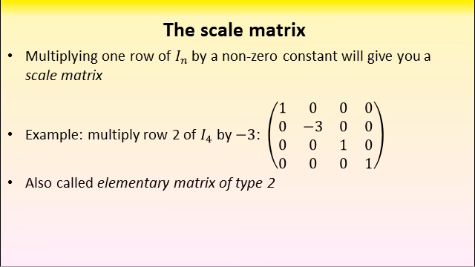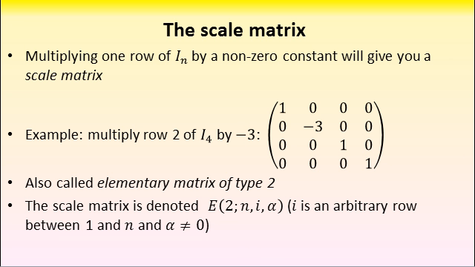The notation we use for the scale matrix is then as follows. E parentheses 2 to tell us that it's a scale or a type 2 matrix, semicolon, n tells us how many rows and columns, i tells us which row of the identity matrix we will make the change in, alpha is the constant that we will replace 1 with.